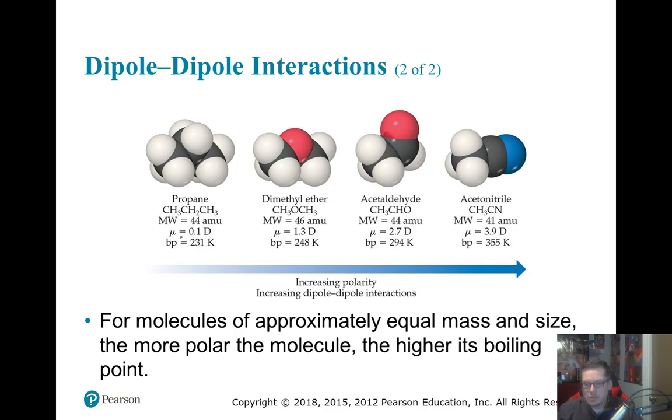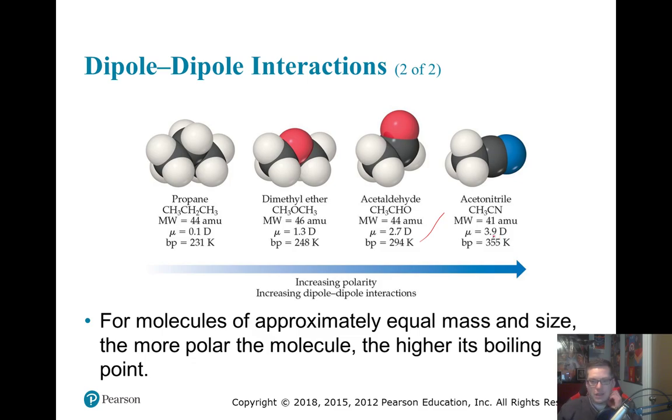So remember, this mu factor here tells us what the polarity is of our molecule, and we measure it in these D's. These are showing us that as the dipole value increases, the boiling point is increasing as well. So notice acetonitrile, even though it's the lightest, and it's arguably the most compact, it's still got the highest boiling point, and that's because it's got a lot more dipole.